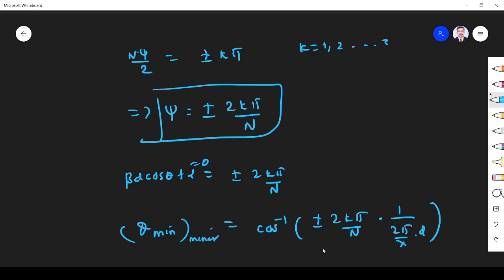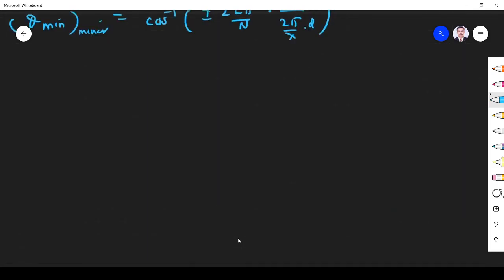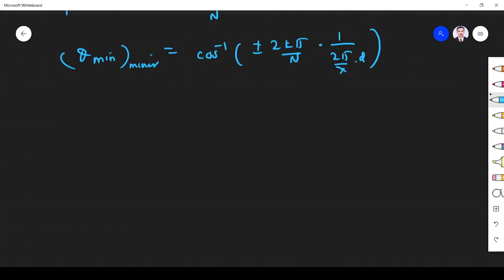I make alpha 0. So if you simplify, theta minimum, the direction of minimum radiation, is cos inverse of plus or minus, 2 pi cancels, k lambda by nd.